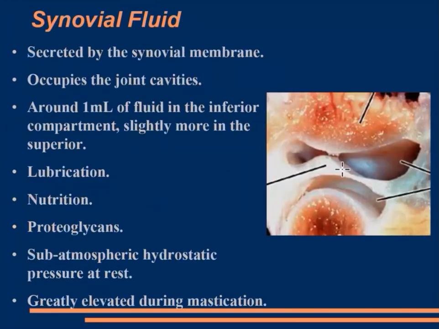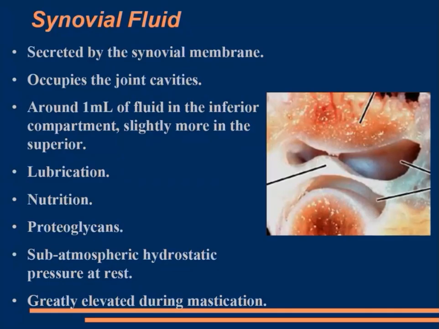Synovial fluid is secreted by the synovial membrane and occupies the upper and lower cavities. Mostly the fluid is 1 ml in the inferior compartment and a little more in the superior synovial cavity. It serves for lubrication. We have some components here that lubricate the joint.